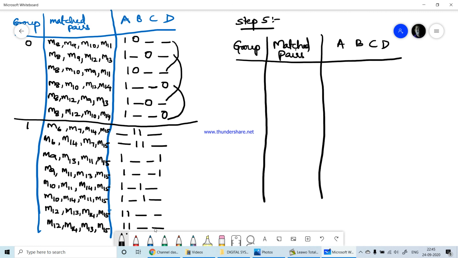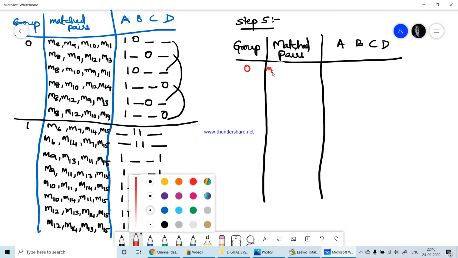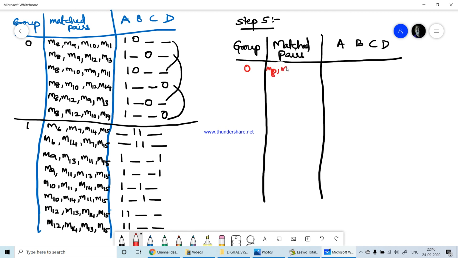So group 0. So what is group 0? You will have matched pairs M8, M9, M10, M11, which match with M12, M13, M14 and M15. So therefore you can say this is one triple dash.